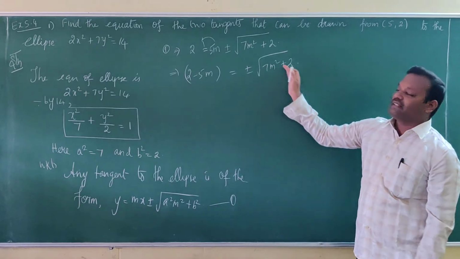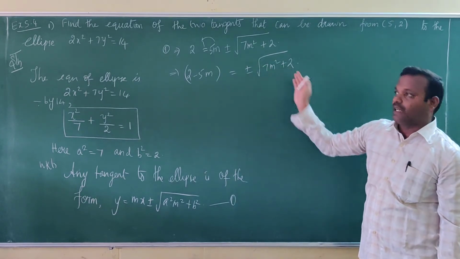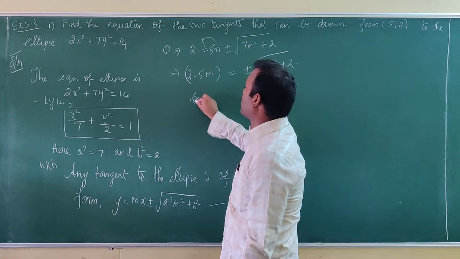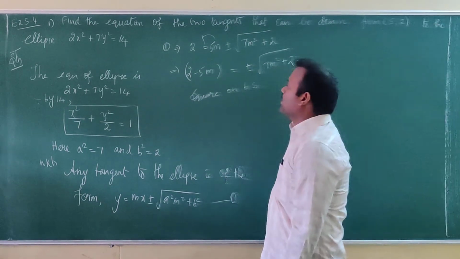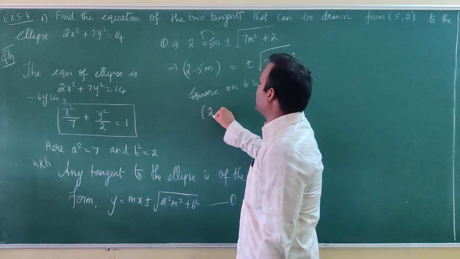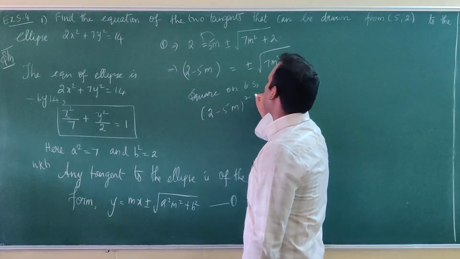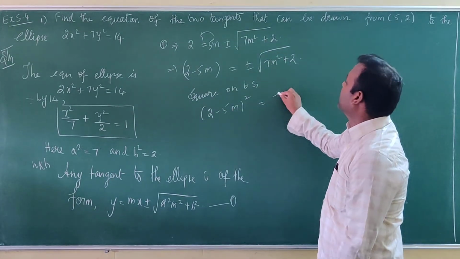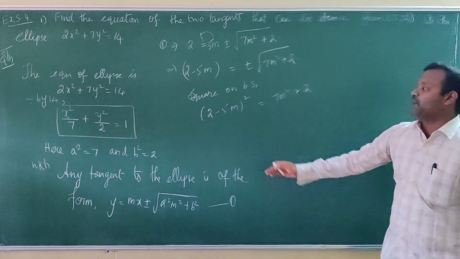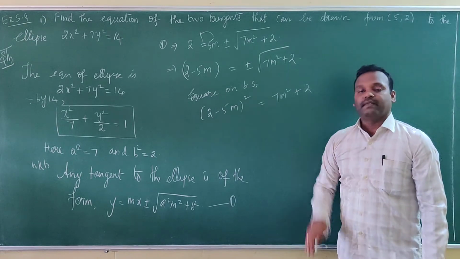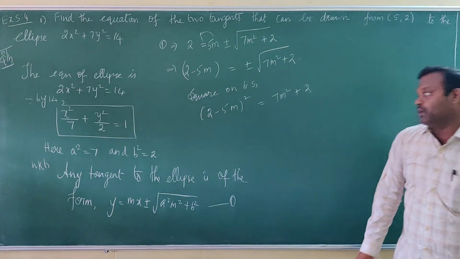If you want to cancel the square root, you have to square on both sides. So we are going to square on both sides. When you square on both sides, you will get (2 − 5m)² = 7m² + 2. Okay. So now you have to expand the left hand side using the formula (a − b)².